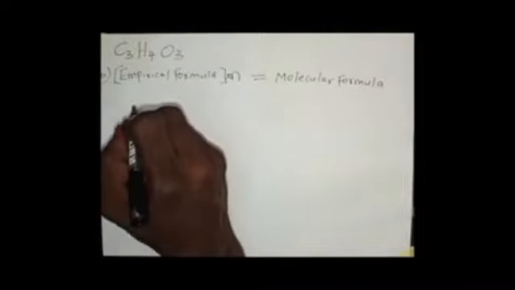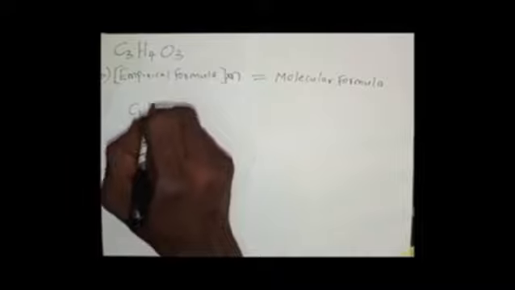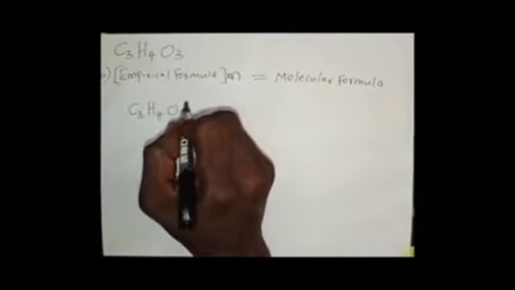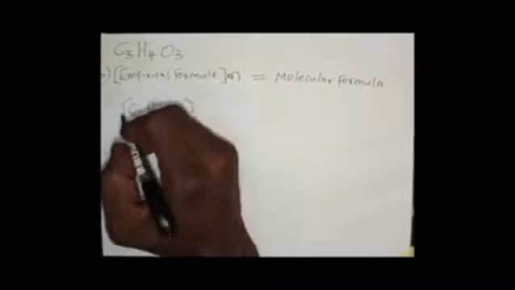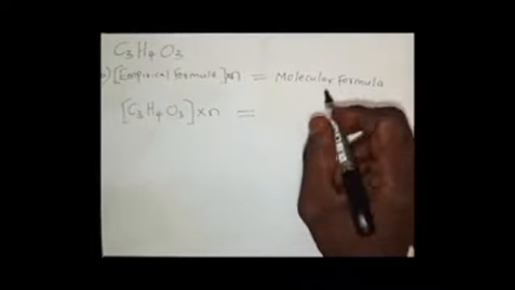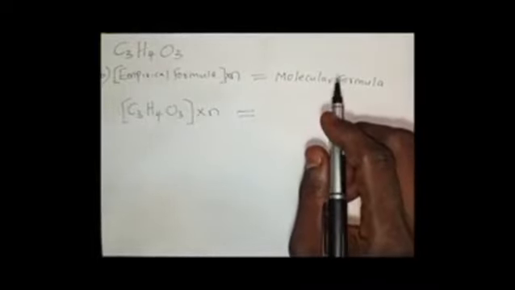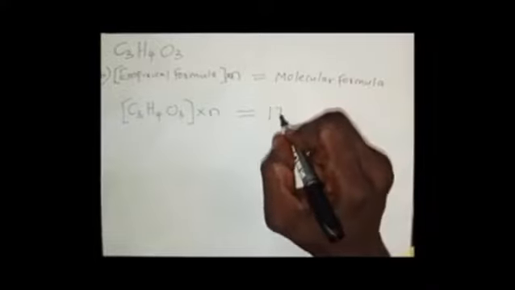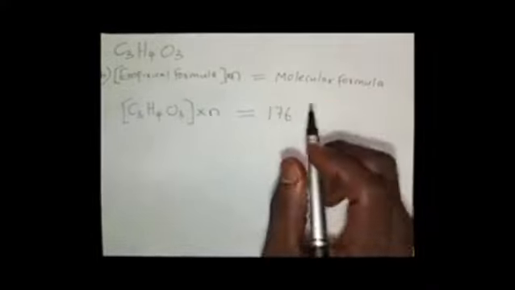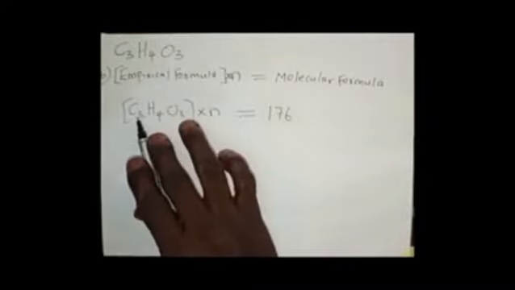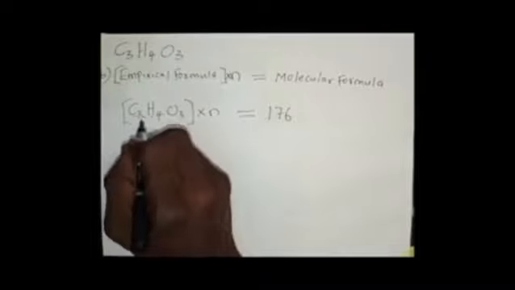What am I trying to say? Now this is our empirical formula. So we have that C3H4O3 here. Now I'm going to be multiplying this whole thing here by N. And I'm going to be equating this to the molecular formula mass given to us, and that is equivalent to 176 grams. Alright, so what is the meaning of this? Carbon is 12, so 12 multiplied by 3 gives us 36.